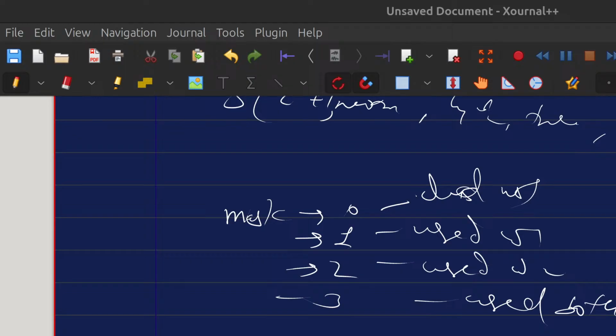If it is not -1, then it will return it like this. So if the answer is not equal to -1, then return answer here, else answer is equal to 0 again.